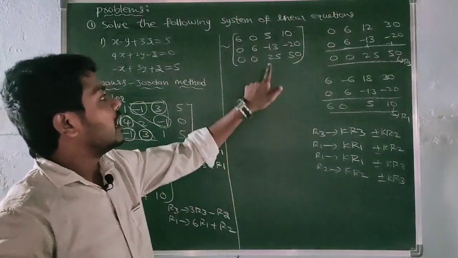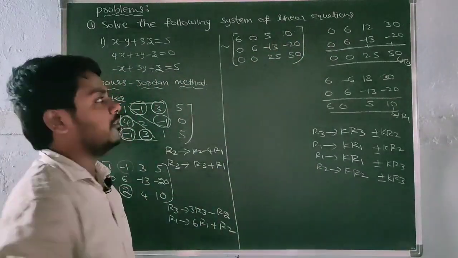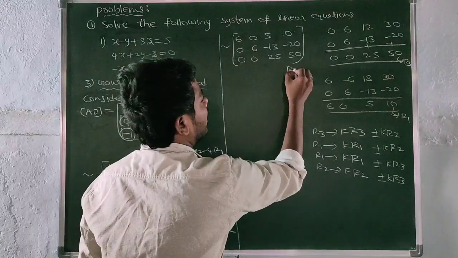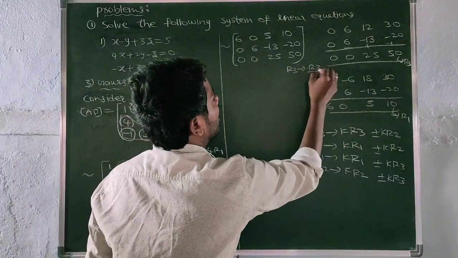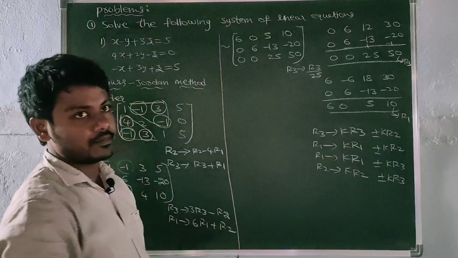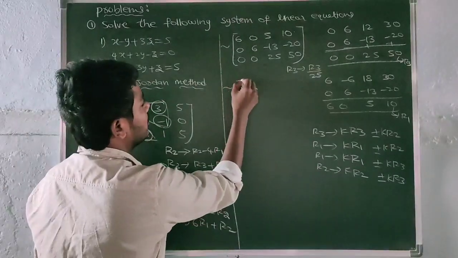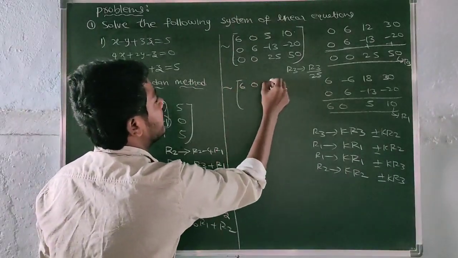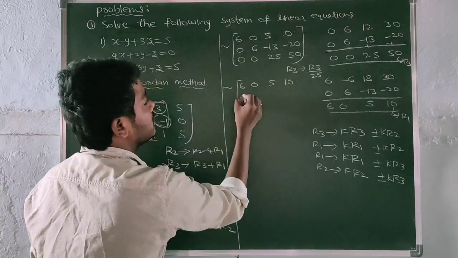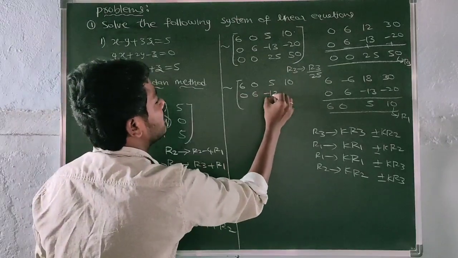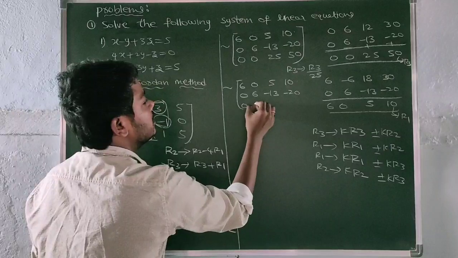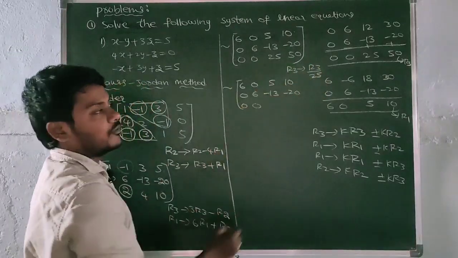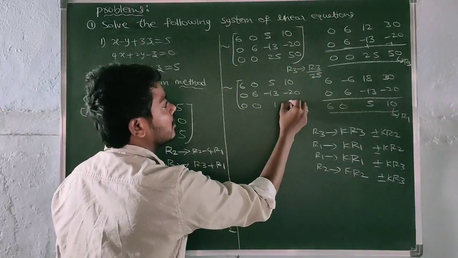Now see here, the R3 row is a multiple of 25. For that R3 changes to R3 divided by 25. So what you get? 6, 0, 5, 10. Next 0, 6, minus 13, minus 20. 0, 0, divided by 25, that is 1, 2.